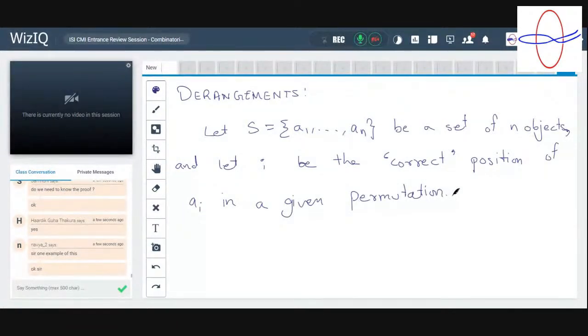Or you can think of my A1 to AN as being car keys and my I being the corresponding car to a given key, assuming that no two cars unlock with the same key, of course. That would be stupid.